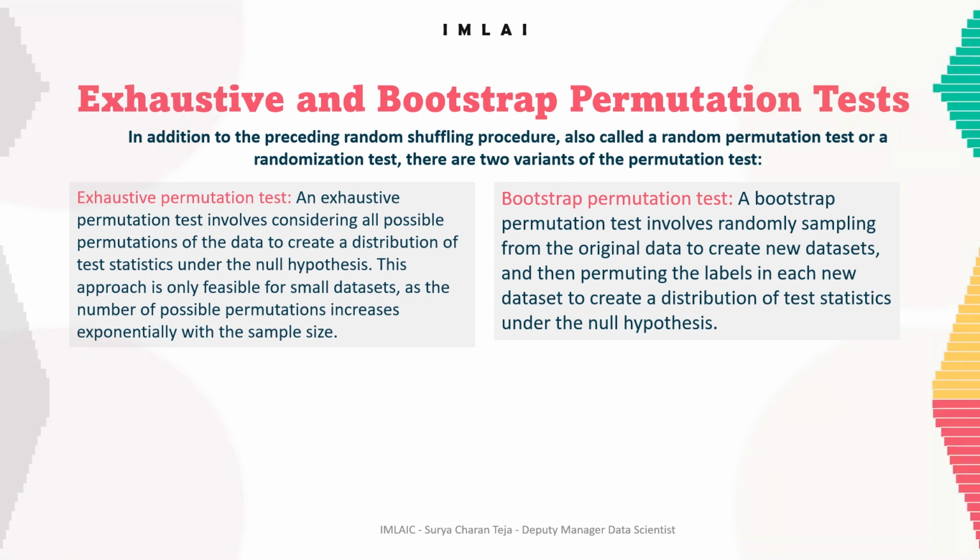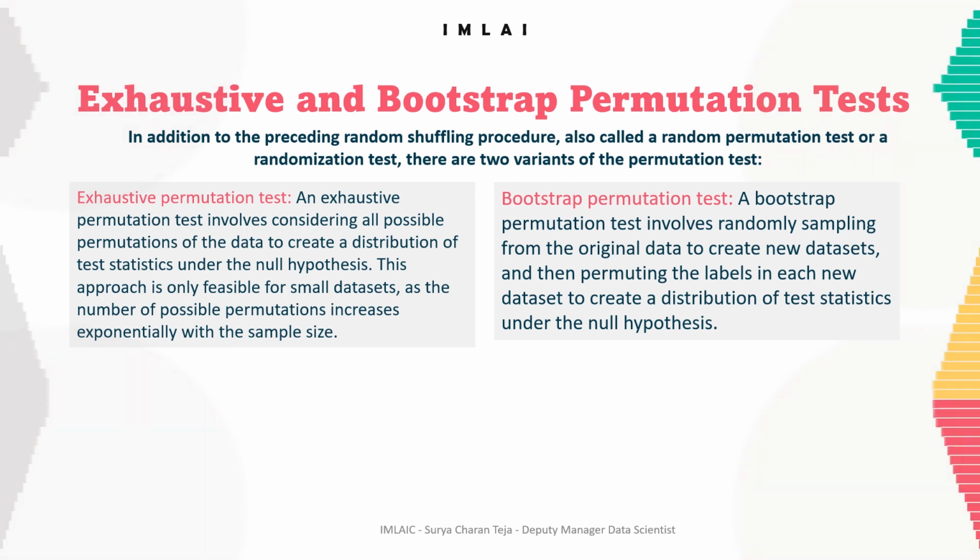Before we jump into the bootstrap permutation test, let's understand the exhaustive permutation test well. In an exhaustive permutation test, instead of just randomly shuffling and dividing the data, we actually figure out all possible ways it could be divided.